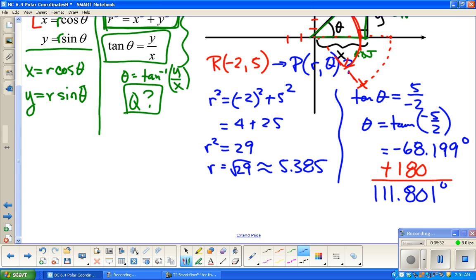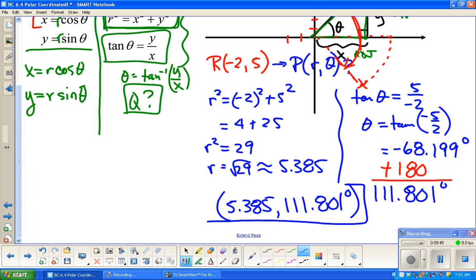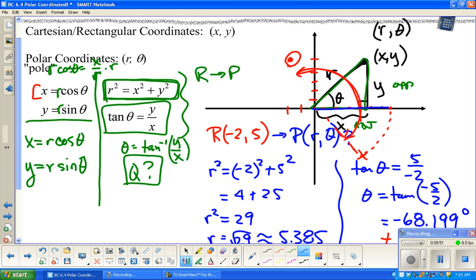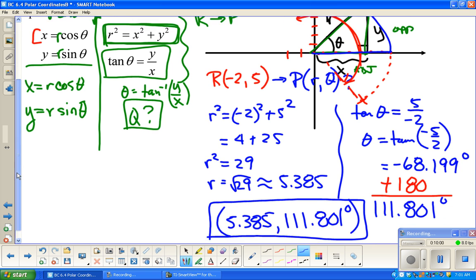So my ordered pair, if I'm rounding, is 5.385, that's the r value, and 111.801 degrees. Again, come out 5.38, and then go 111. That's a little more than 90. That puts me right here. That gets me to the same spot.